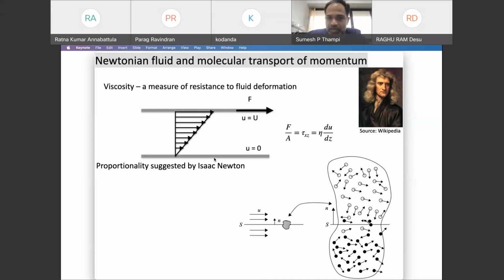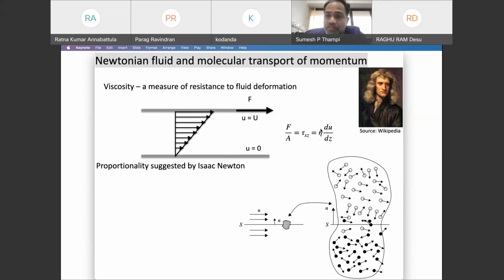Of course the bottom plate is not moving but the top plate is, so that creates a velocity gradient, and the force that you have to apply is proportional to this gradient, with a proportionality constant, which is what we call the viscosity. That's how you define it.